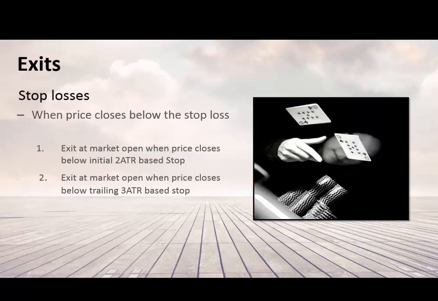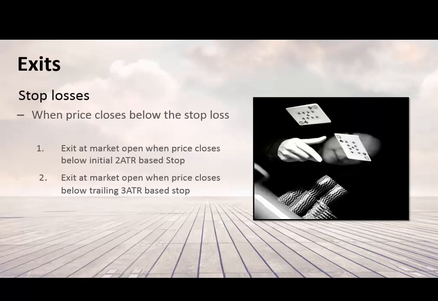Now, having said that, once the trade moves in the right direction for a period of time and that trailing 3 ATR is serving its purpose, at some point in time price is going to come back towards that trailing 3 ATR. It's exactly the same rule as for our initial 2 ATR base stop: once price closes below that trailing 3 ATR, we must exit the next period, whether that's the next day if you're on a daily periodicity, or the very beginning of the next period.